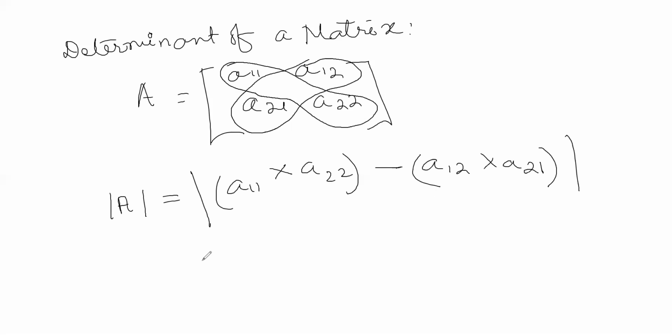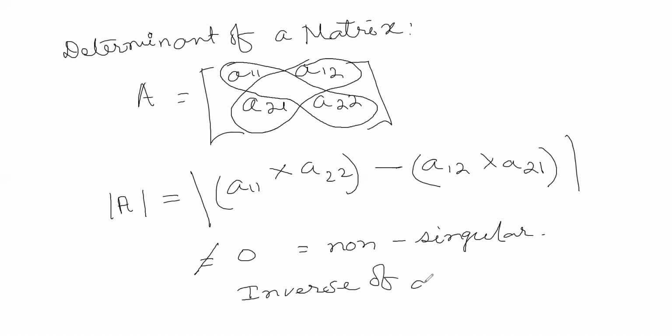Now if, let's say, this determinant value is not equal to 0, then it's non-singular in nature. Non-zero means non-singular, and only then we can identify the inverse of a matrix. So if this condition is satisfied, inverse of a matrix is possible.